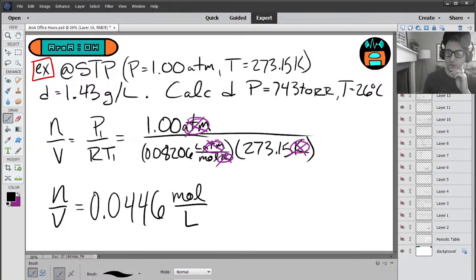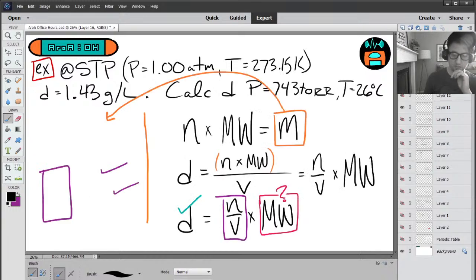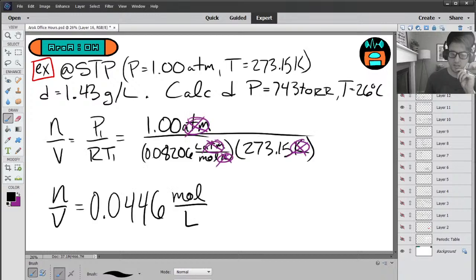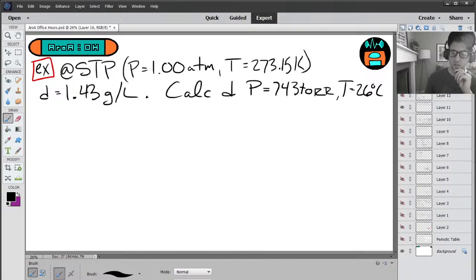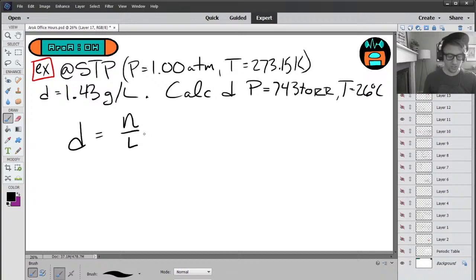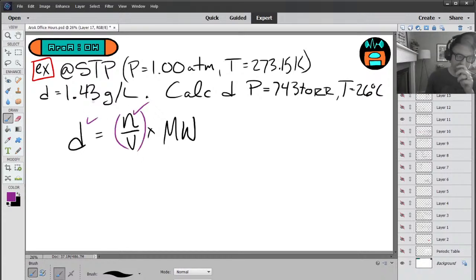All right, now flashing back really quick. We have that expression that we derived, density is equal to our moles over volume times our molecular weight. Now we know our density, it's given right there. So now we solve for our molecular weight.